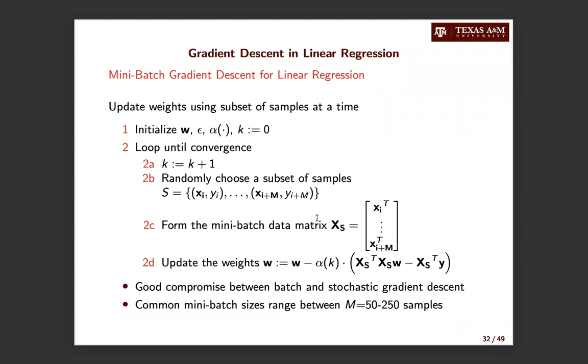The main rationale behind mini-batch gradient descent is to use a randomly chosen subset of samples for the same update rule.